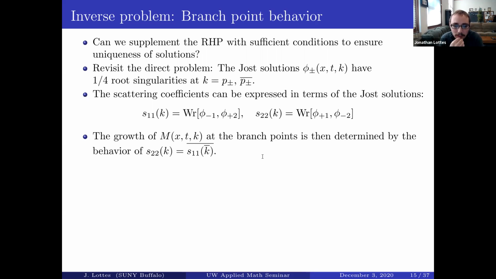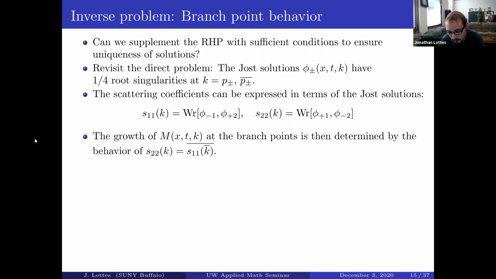And the scattering coefficients, we can express them as Wronskians of the EO solutions. And so they also are going to inherit these 4th root singularities at the branch points. They could potentially have higher or I guess lower growth; you could cancel out the growth in the scattering coefficients potentially by some linear dependence between the EO solutions.